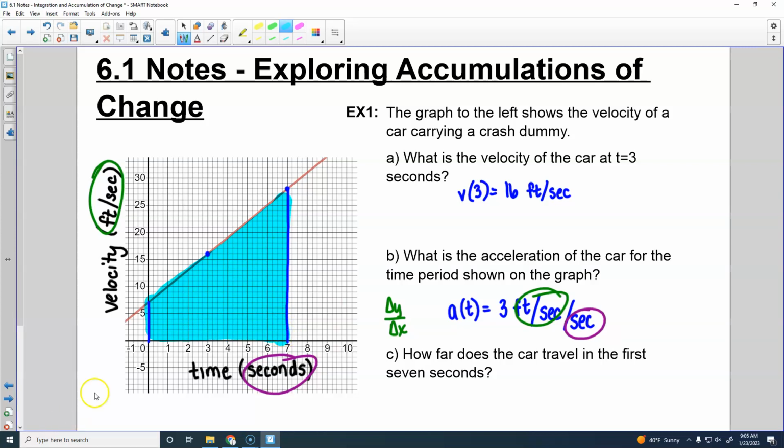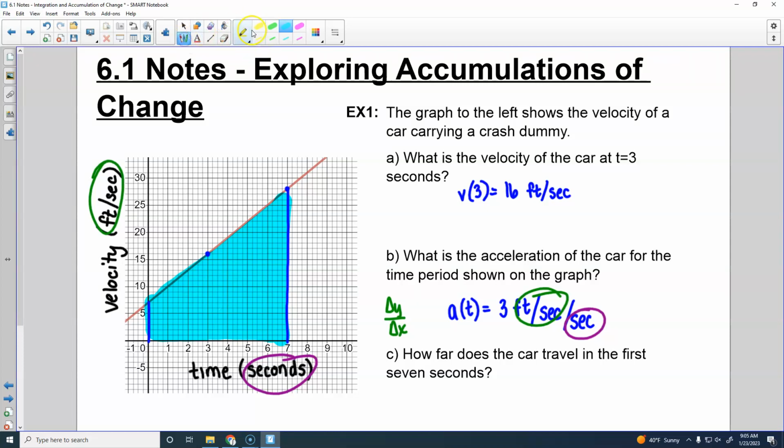I'm doing feet per second on my y times seconds on my x, which causes the seconds to cancel, which gives you the number of feet traveled. So that area under the curve gives us the distance traveled.